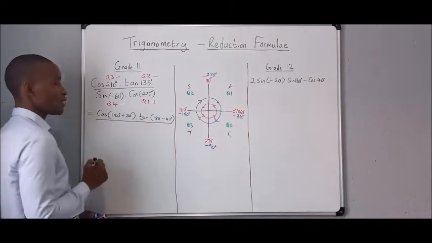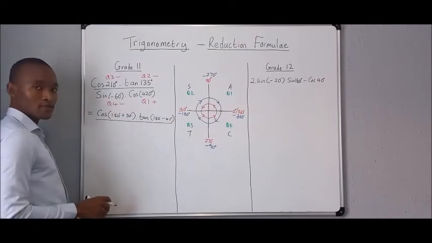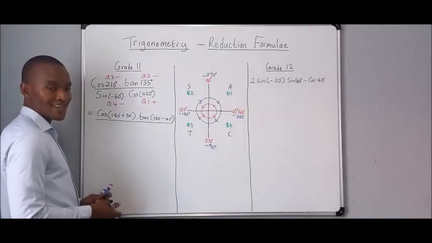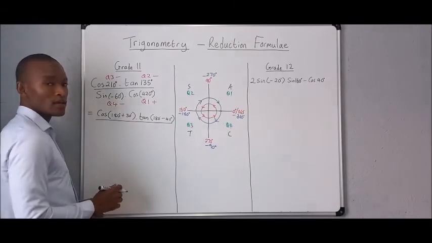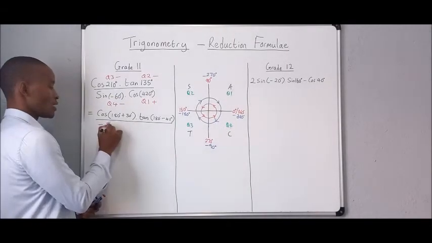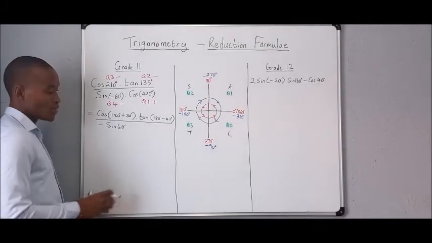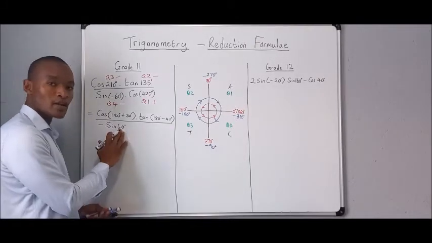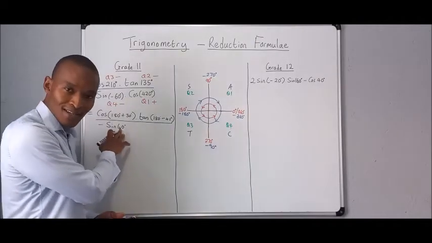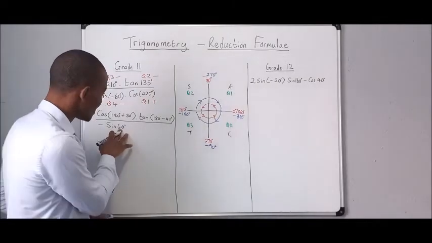Over, okay, sine of a negative angle, it is negative. Okay, it's already acute, so we bring out the negative sine 60 degrees. Okay, and we leave it at 60 degrees because we recognize that 60 degrees is a special angle.